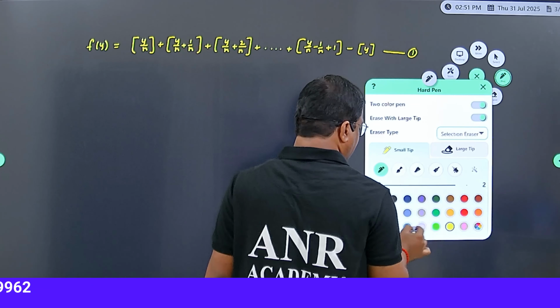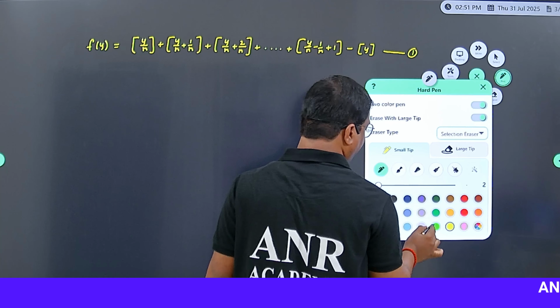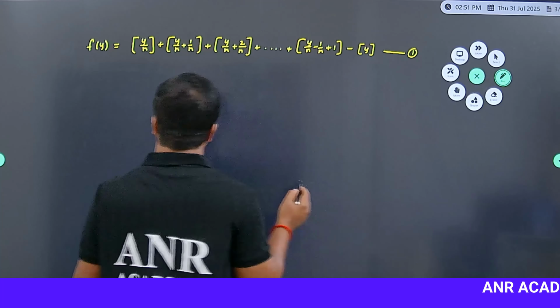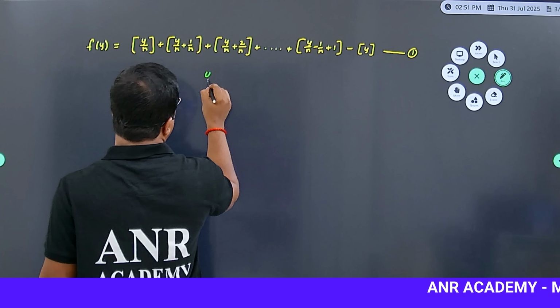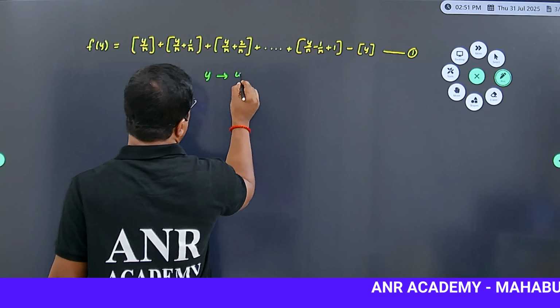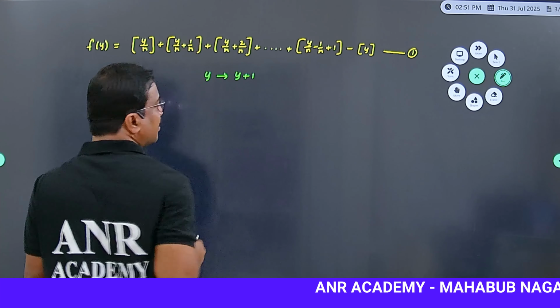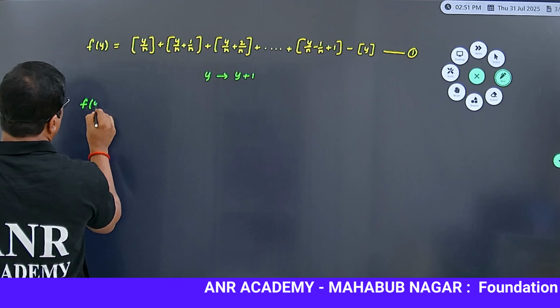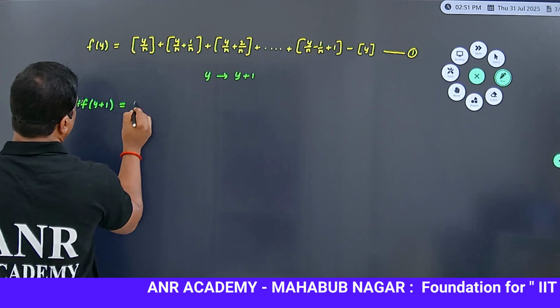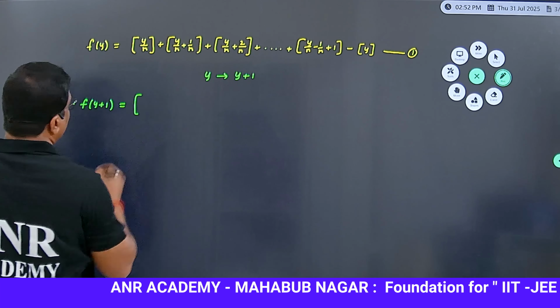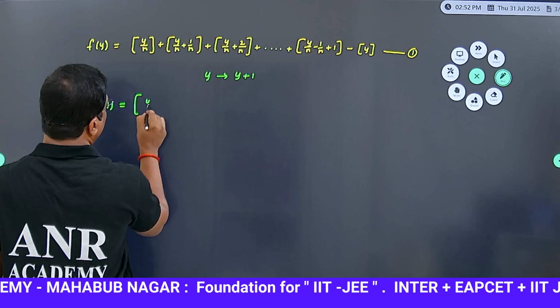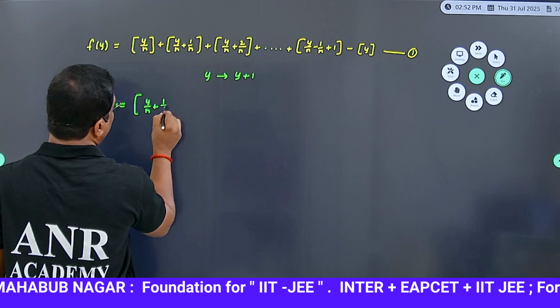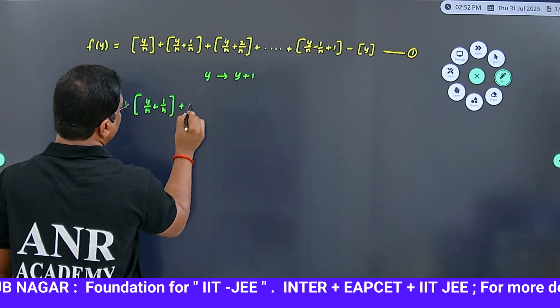Suppose that if you replace y as y plus 1, then what happens? Observe. f of y plus 1 now. In place of y, you have to write y plus 1. So, y plus 1 divided by n, that is y by n plus 1 by n. This is the first term now.